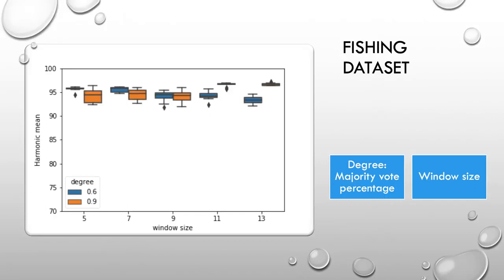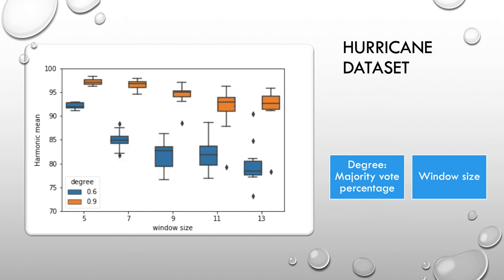There are two major parameters for the WS2 algorithm. First, the size of a sliding window. Second, the degree of majority vote. We select 5 different sizes and 2 majority votes to tune our algorithm. Increase of majority vote shows more robust results and improved by increasing the window size.